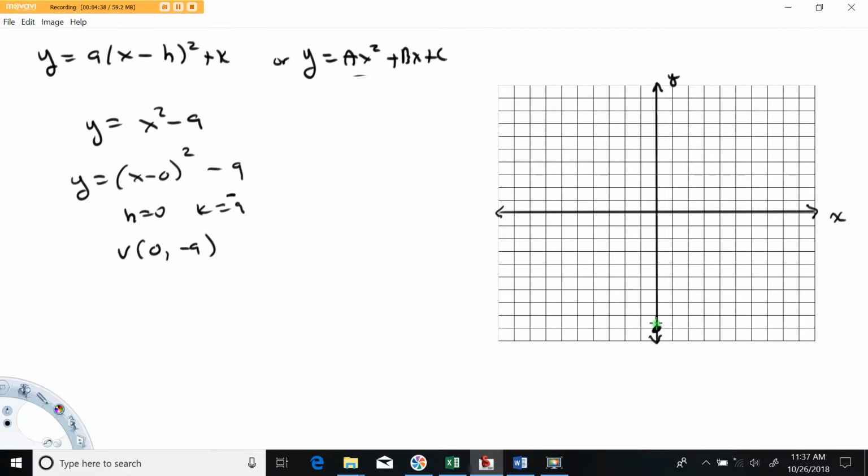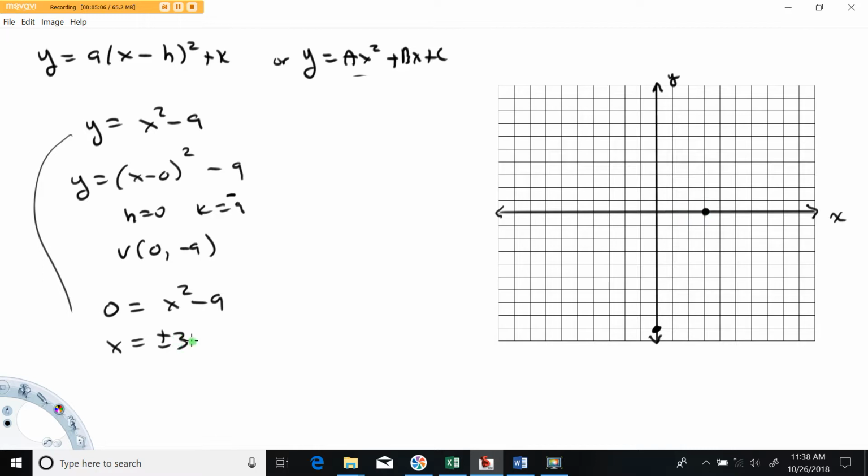Now, that gives me lots of possibilities here. Perhaps it looks like this, or maybe this. All right. Well, to get a little more detail, I'm going to find the x-intercepts by setting y equal to 0 and solving for x. It's a pretty easy one to solve. We get x equals plus or minus 3 out of that. And that means that one of the intercepts is (3, 0). 1, 2, 3.